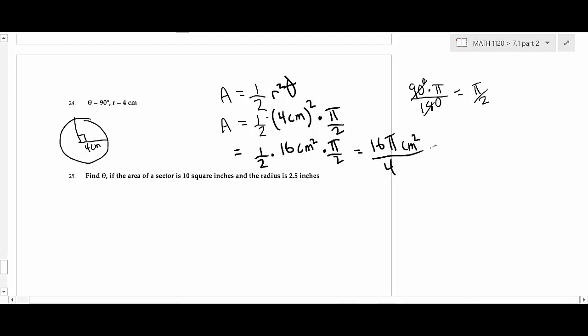So the exact answer, you can do 16 over 4 and get 4. So that's an okay answer if I want pi in the answer, okay? If I want you to get decimals, just do 4 and then multiply it by pi, and then we'll round that off. So if you round that off, that's about 12.57.